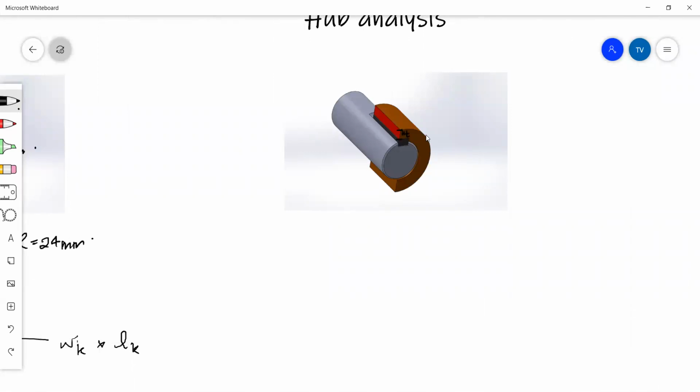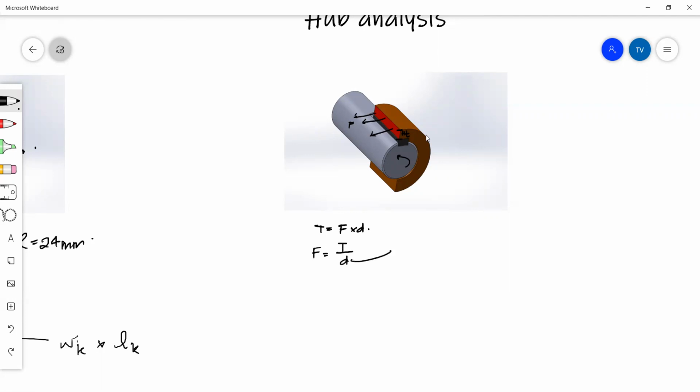So first we will try and calculate our force. Our force is acting in this direction, with our shaft rotating this way. This is acting normal to the red surface, which is our stressed surface. So this is a tensile force. Torque is equal to force times distance, so force will be equal to torque divided by distance.